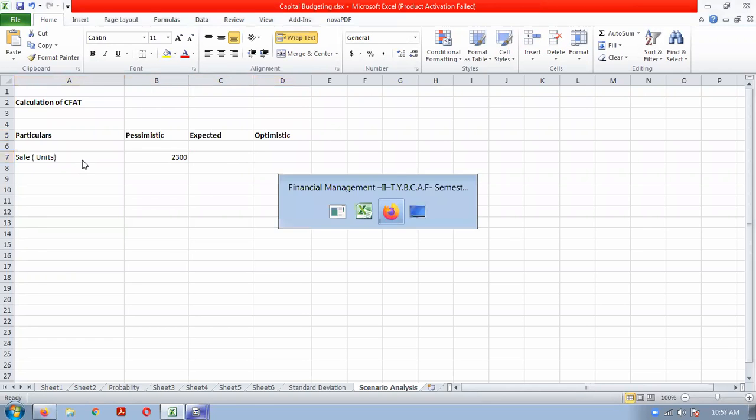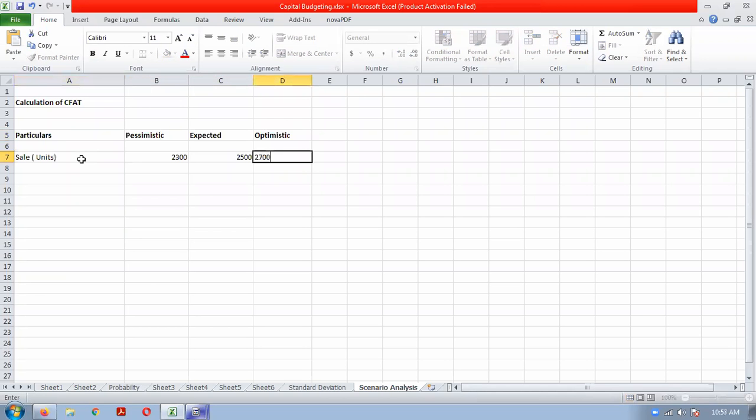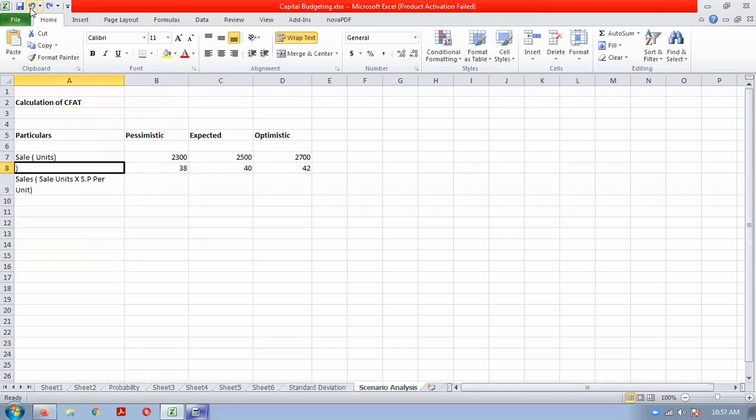So the units is 2,300. Sales you can calculate like this: sale units into selling price per unit, you will get the total sales.